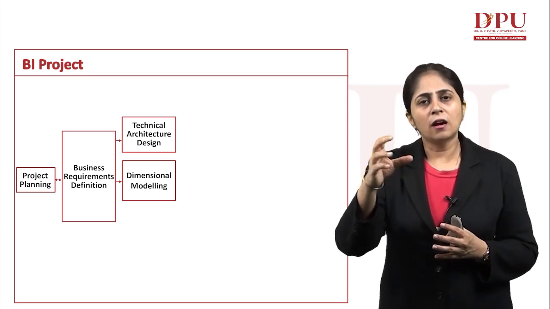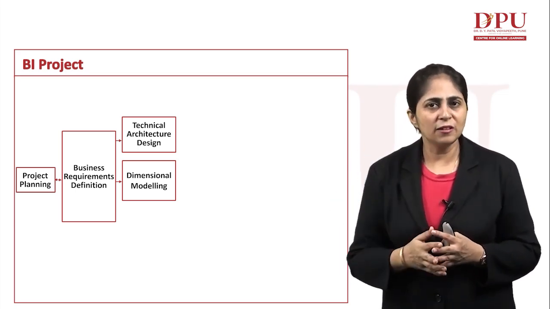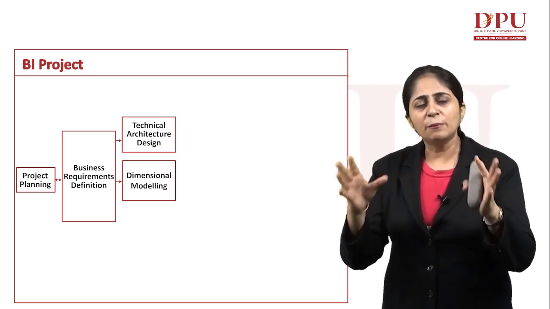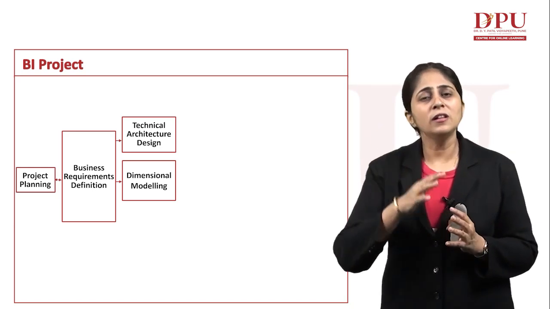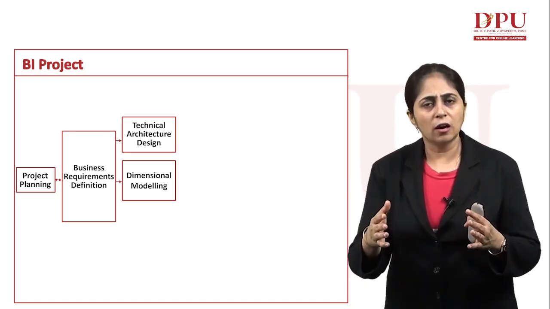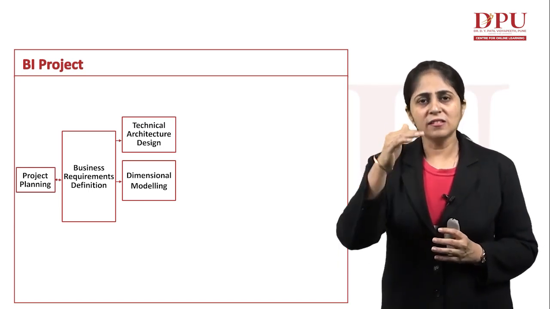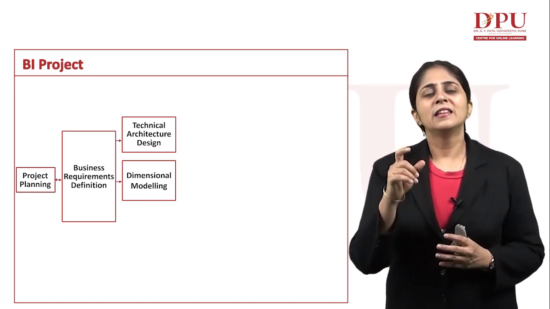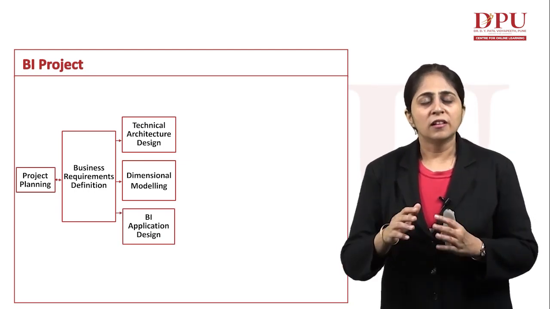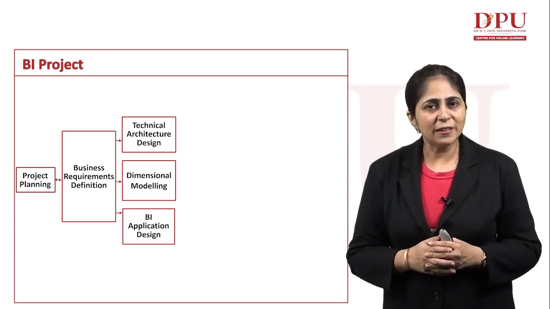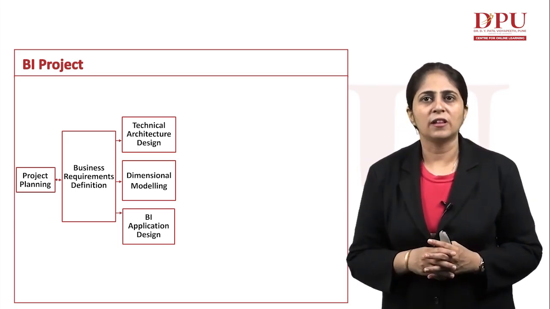We can view the data on a timely basis: quarter-wise, yearly, monthly. So we have to create the modeling for all these dimensions which we can achieve via this project. After this, simultaneously, there will be business intelligence application design. Whatever application we want to build, we have to create a proper design for it.